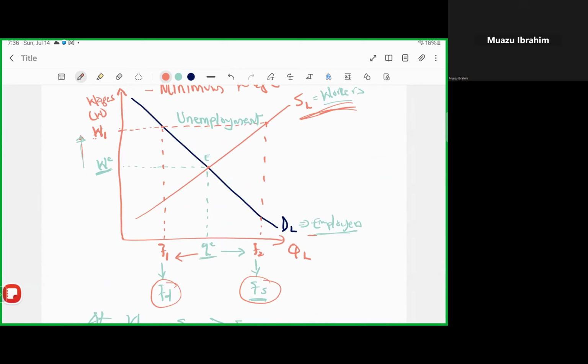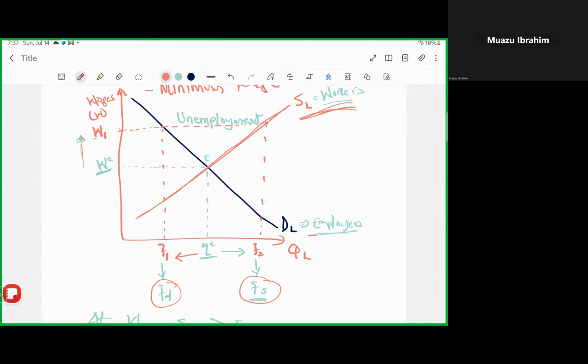Now, when you look at it this way, remember, we have the price of the good. In the labor market, it is the wage rate. And we have the supply curve here, the red line. People supply their services to employers.